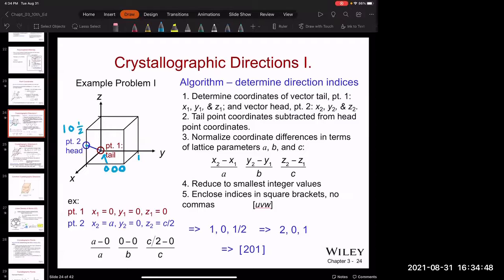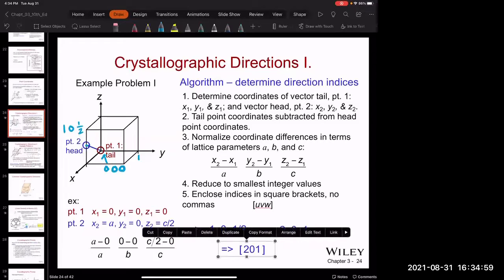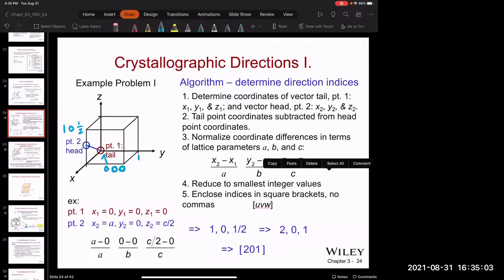Now, when we define the direction, we use the final point, or the head point, minus the tail point. So the first step is to find the point coordinates. Then the second step is to do this subtraction.